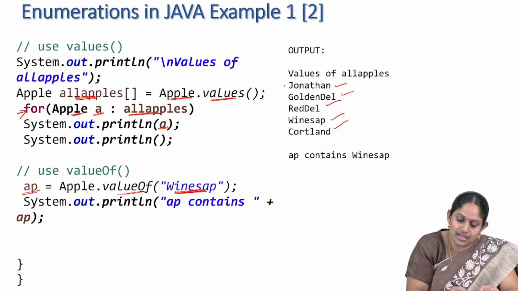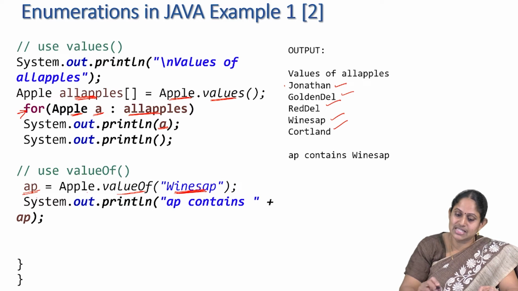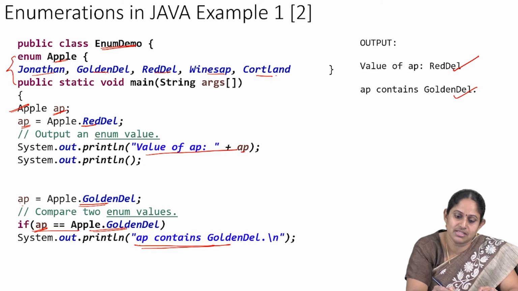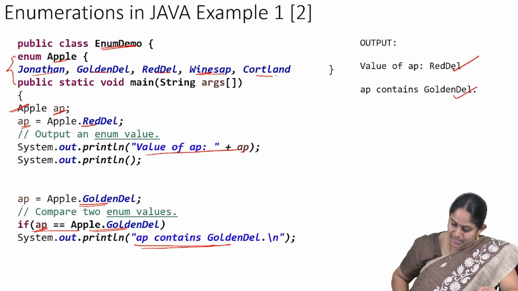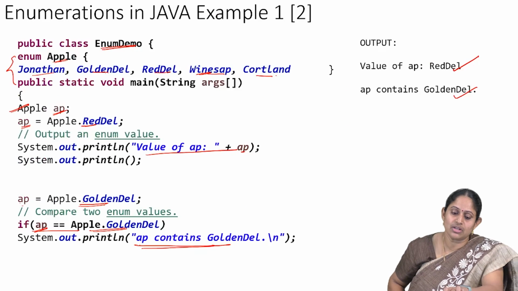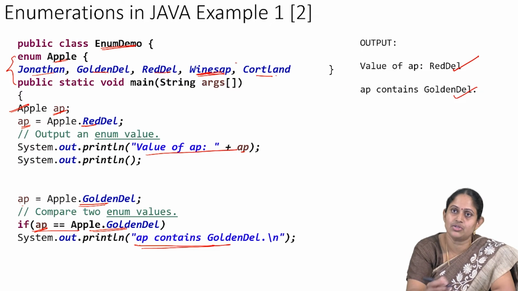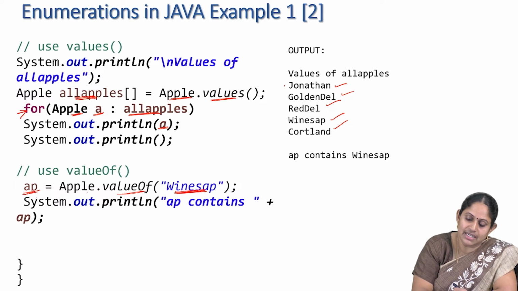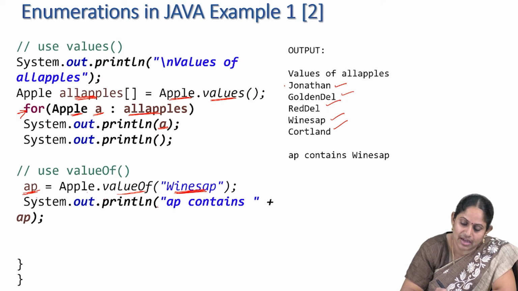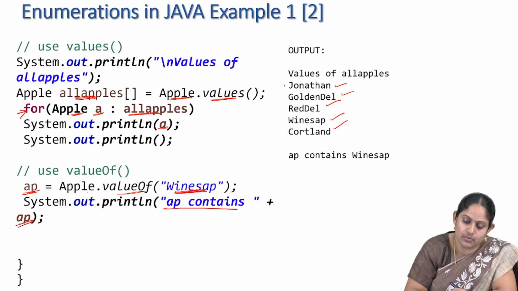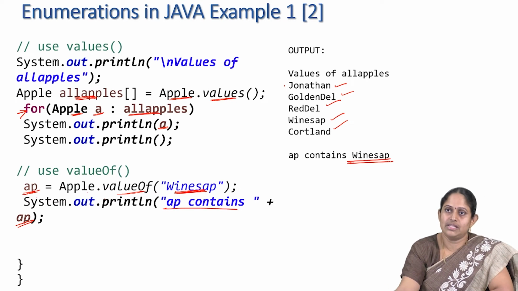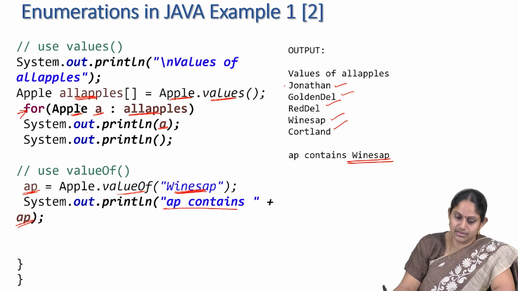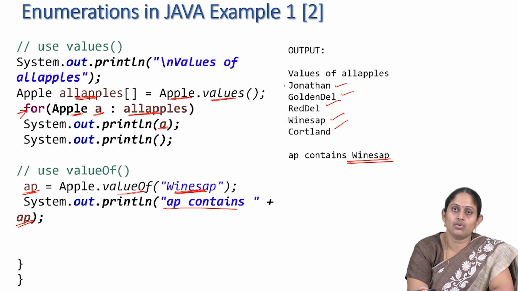Since the string which we have passed is matching Winesap, it will store this Winesap into AP, and AP contains Winesap. After storing, we are displaying the contents of AP. So the content of AP is Winesap. So these are 2 of the important methods used over enumerations.